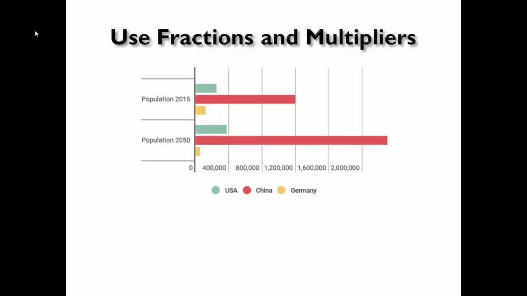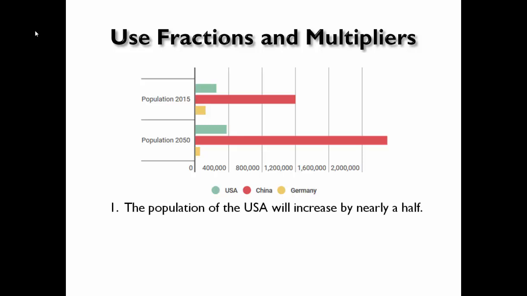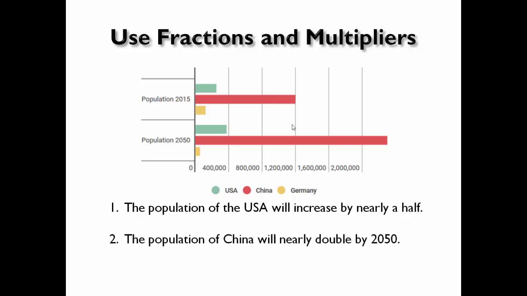So the third way that we can describe change is by using fractions and multipliers. So for example, the population of the USA will increase by nearly half. So if we look here, it will increase by nearly 50%, by nearly half. So that's an easy way to show an increase. The population of China will nearly double by 2050. So if you look here and here, you'll notice that it will nearly double.